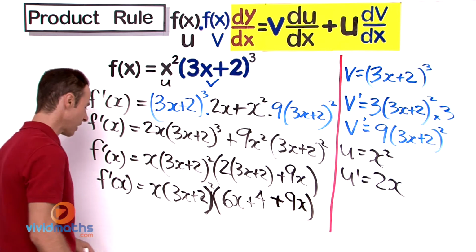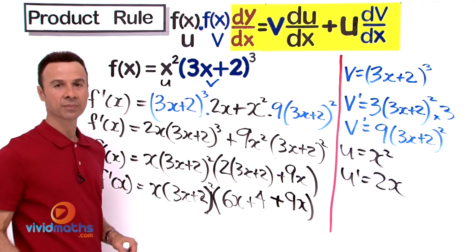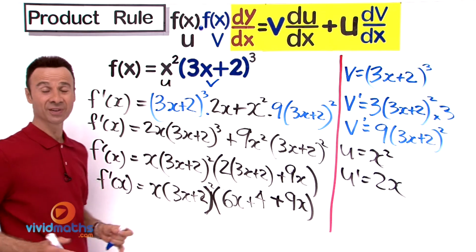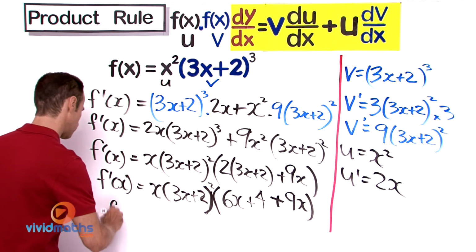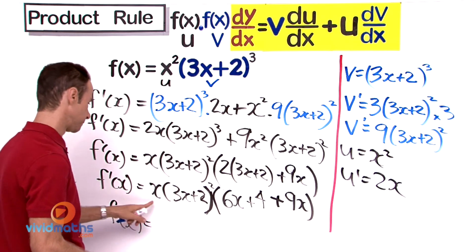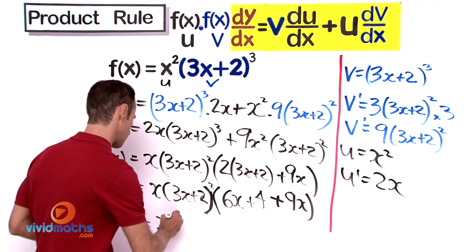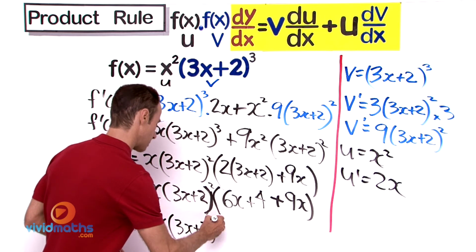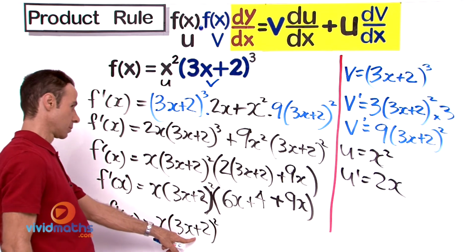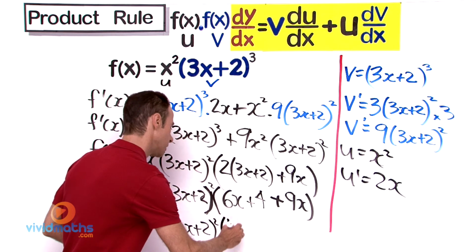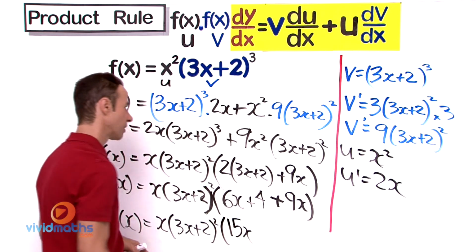Okay, we can simplify that. So the answer to this question, function of a function, the derivative is as follows: 6 and 9 is 15, as we add those together.